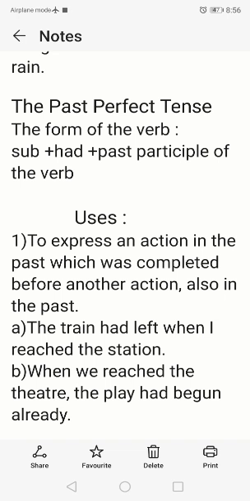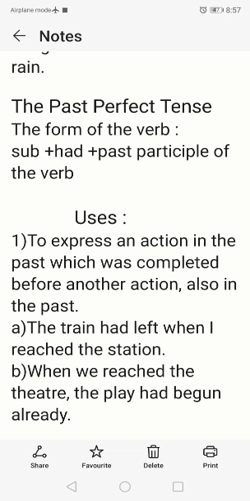Take the example of sentence A. Here also we have two actions. The train had left, that is one action. When I reached the station, that is one more action. And one more very important point, both the actions are already in the past tense. The train had left, past tense.